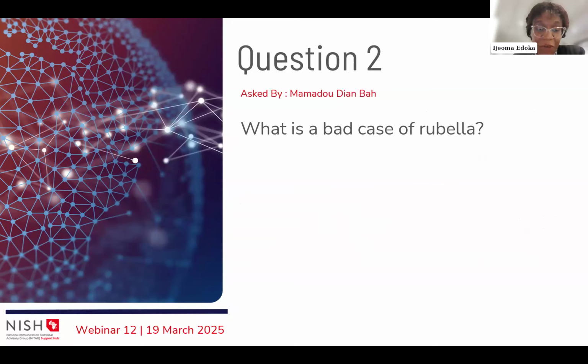But before we go into the second question, I just have a quick follow-up question to that, Boucher, if you may. And maybe this could also be a question to the modelers. To what extent are these models being used, and what support is available to countries in terms of understanding the budgetary implications of these strategies? We're talking about supplementary immunization activities happening every few years.